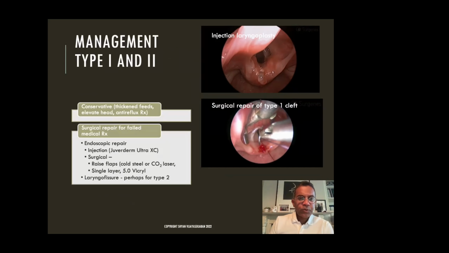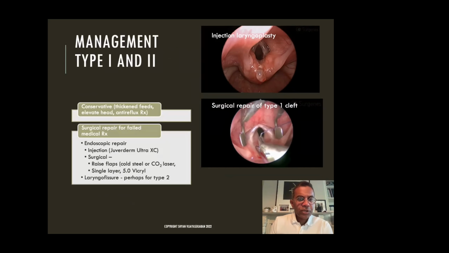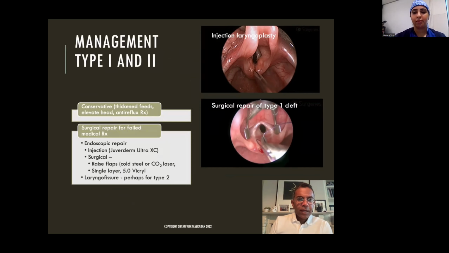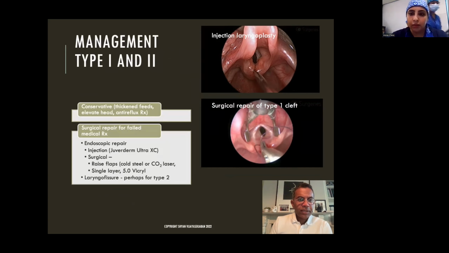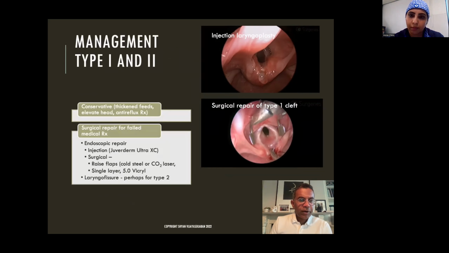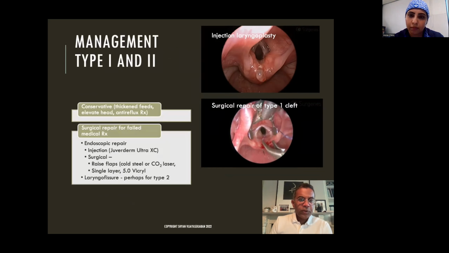Most of our patients with deep interarytenoid notches or with type 1 clefts are managed with injection laryngoplasty. A preferred option is Juvederm Ultra XC. In patients who present with recurrent symptoms or in whom the symptoms are severe, we may proceed directly to a surgical repair.